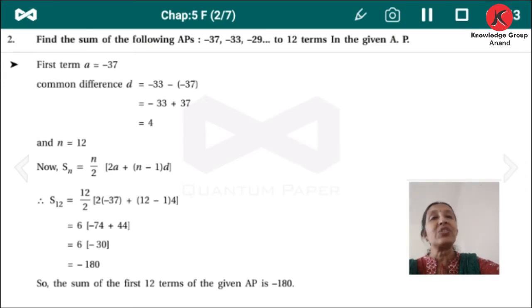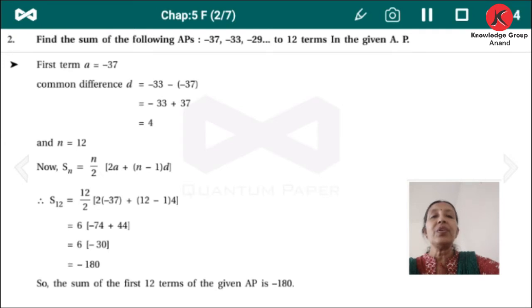Find S12, the sum of the given AP. Using the formula, Sn is equal to n by 2 into (2a plus (n minus 1) into d). S12 is equal to 12 by 2 into (2 into minus 37 plus (12 minus 1) into d).